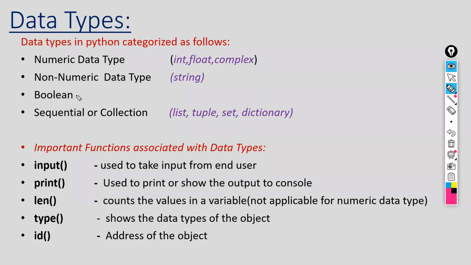And Boolean. Boolean I have already explained to you. True or false. These are the Boolean data type. And sequential or collection.